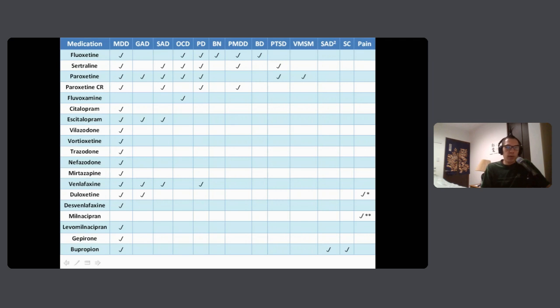Next, PTSD, post traumatic stress disorder. So we've just got sertraline and paroxetine, and I'm not a big fan of paroxetine. I don't think most people are. We go off label on PTSD all the time. And do I reach for sertraline first? Often not. I'll often go escitalopram, and like I said, there's not a huge problem with doing that, especially in the military system that I used to practice in.